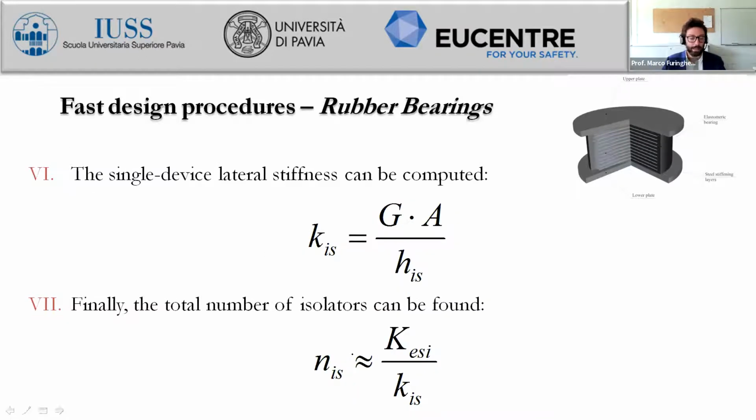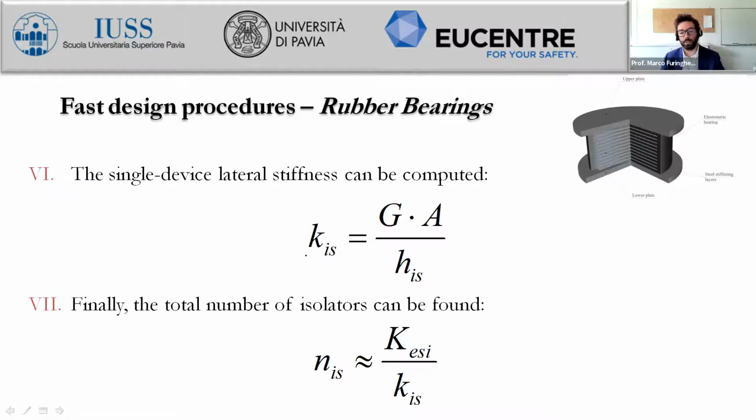And then these are the final two steps for rubber bearings. So we have 7 steps, and 3 of these steps are in common with respect to all the other devices. If we have the whole geometry of the device, it means that we have the cross-sectional area and also the height of the rubber portion.